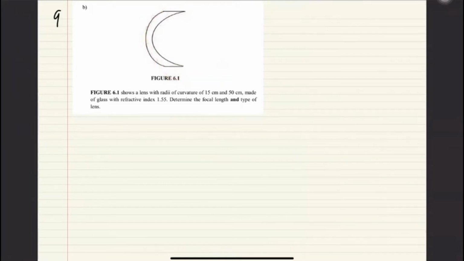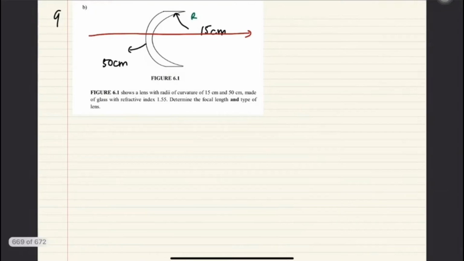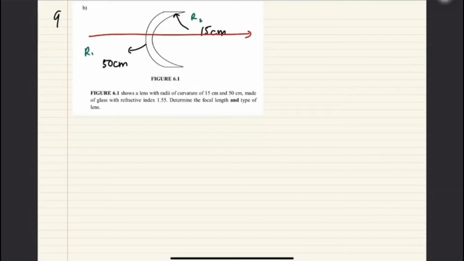So if the circle is smaller over here, that means yang ini yang 15 cm. Yang ini adalah yang 50 cm. Okay, and then you pick a spot, biasa kita buat dari kiri ke kanan lah, ray dia macam tu. So immediately kita tahu yang this one is your R1 and this one is your R2.